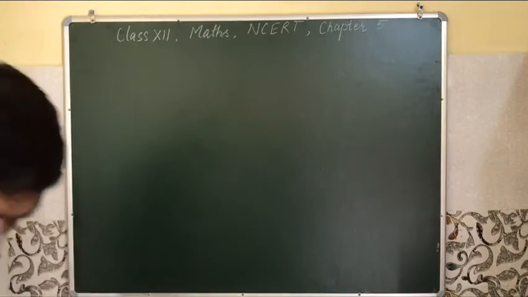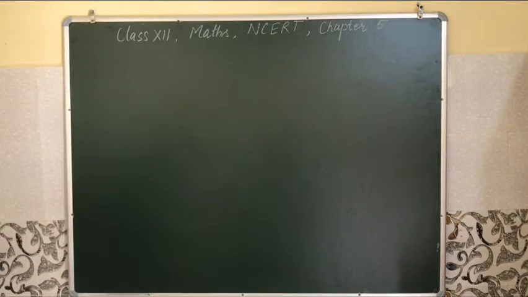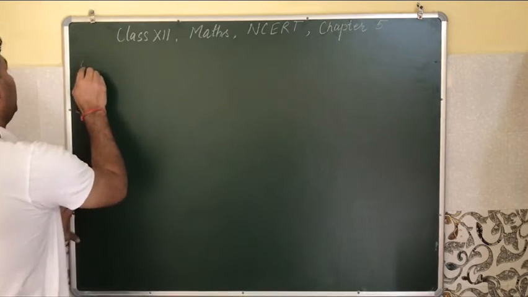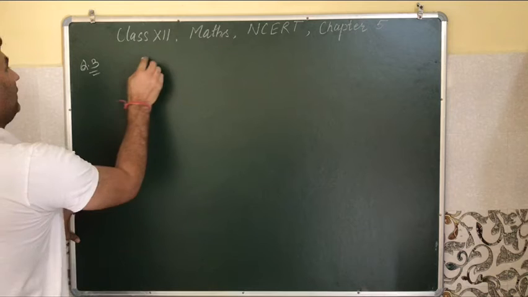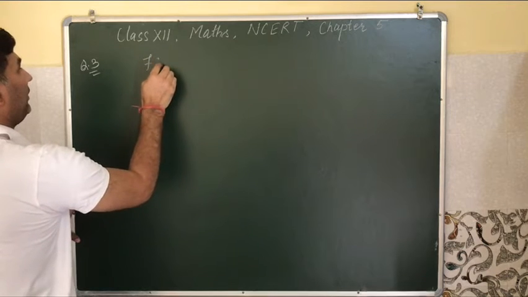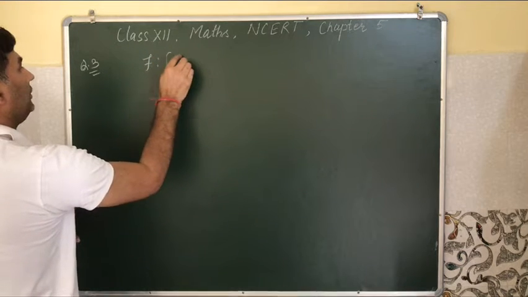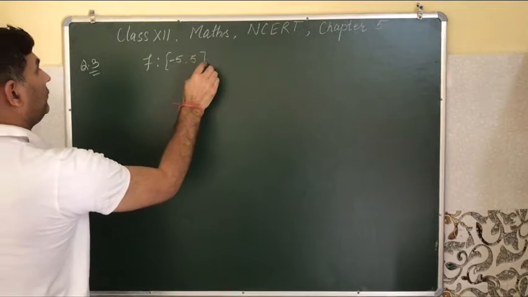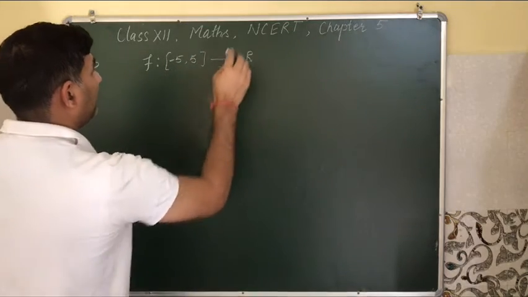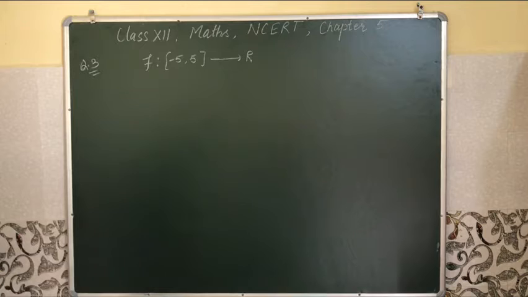Okay. The given function, question number third, f a function in closed interval minus 5 to 5 is a real valued function. The domain is the closed interval and the codomain is R, and the function is differentiable.